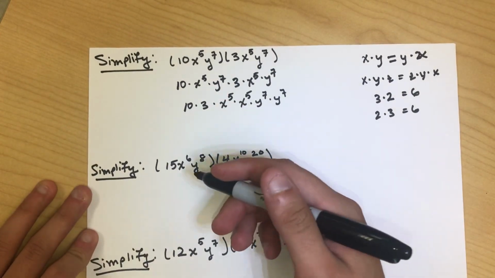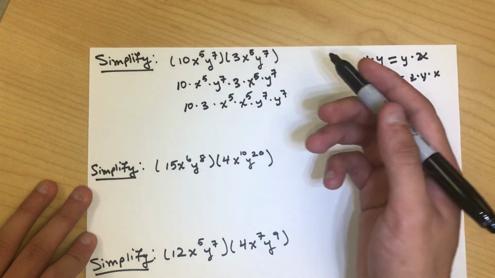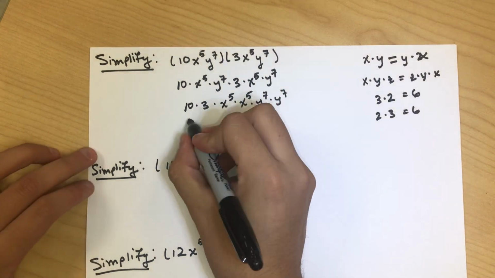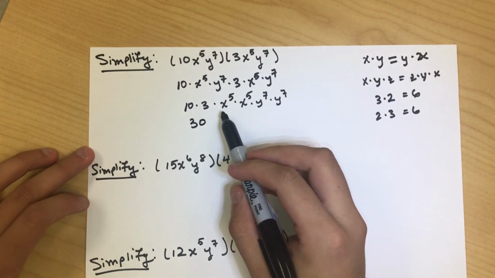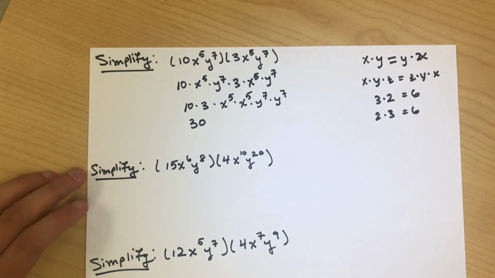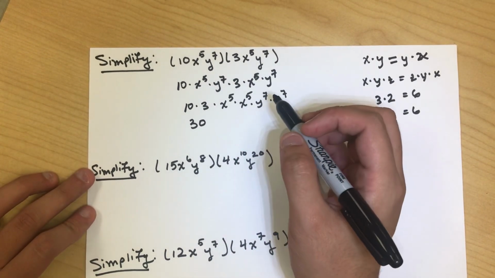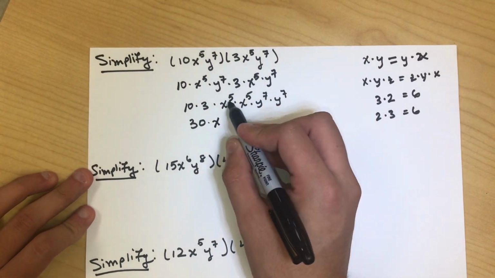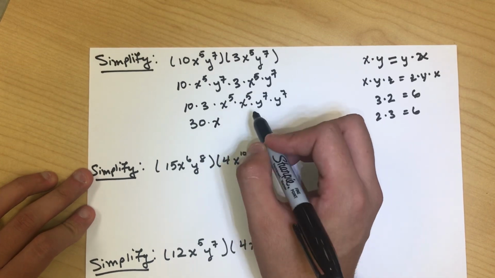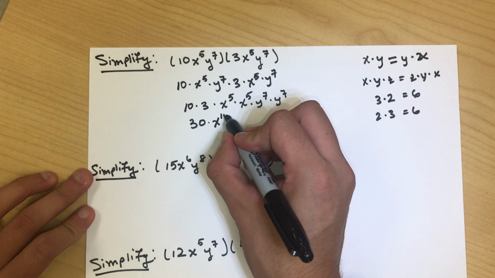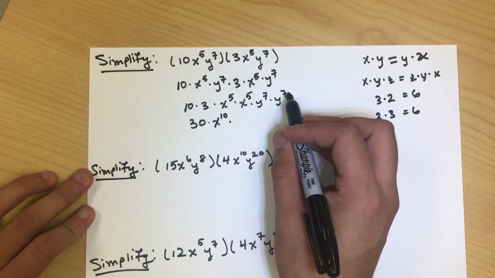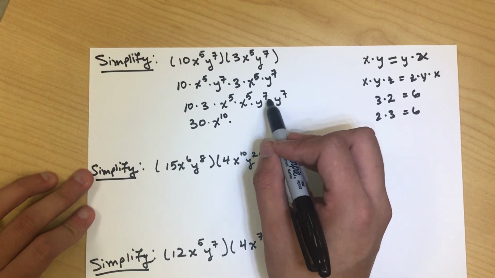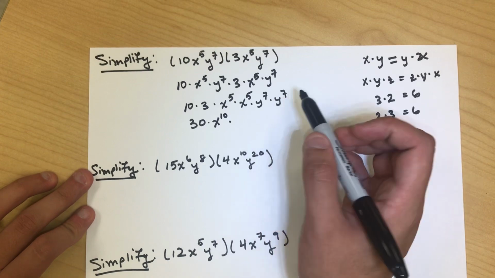Now you can just do the multiplication. What's 10 times 3? 10 times 3 is 30. x to the 5th times x to the 5th is x to the 5 plus 5 because we have the same base here, which is x to the 10. Then y to the 7th times y to the 7th: the same base here is y, and since it's multiplication, all you have to do is add the exponents.